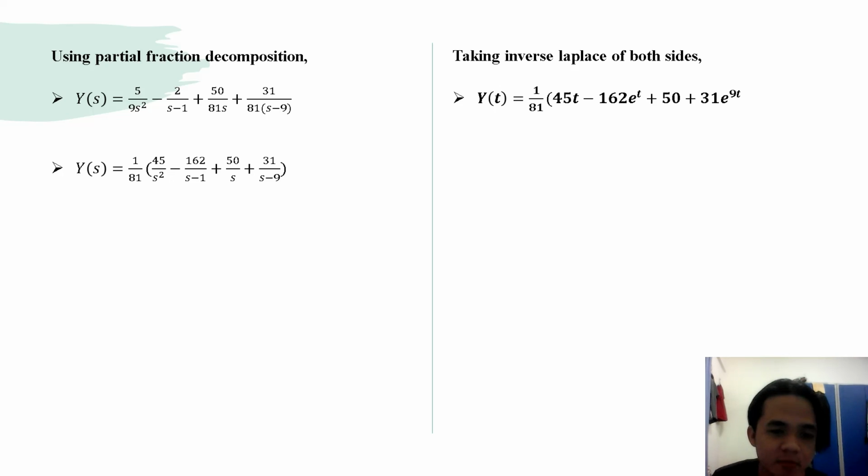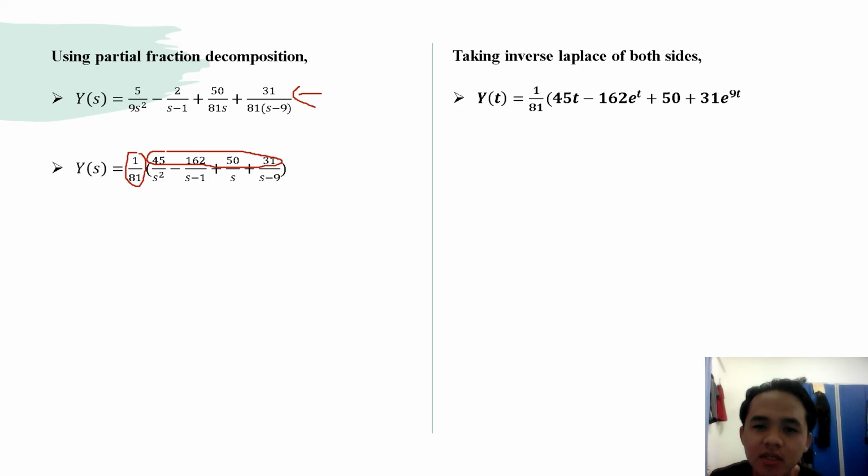So when we multiply 1 over 81 with this number, we can get the same equation as before.